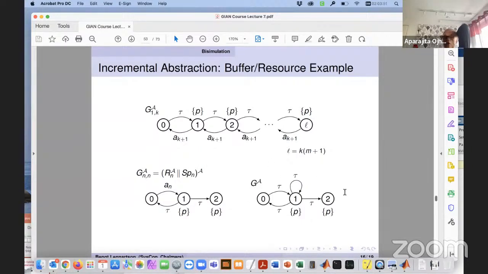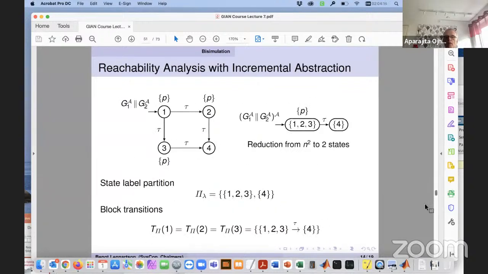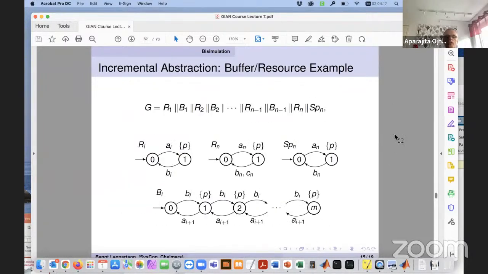And based on the state labels I have here, I can ask for any temporal logic expression, reachable, eventually, always, etc. And if any property is satisfied for this abstracted model, it's also satisfied for the original model, which is quite a fantastic result.